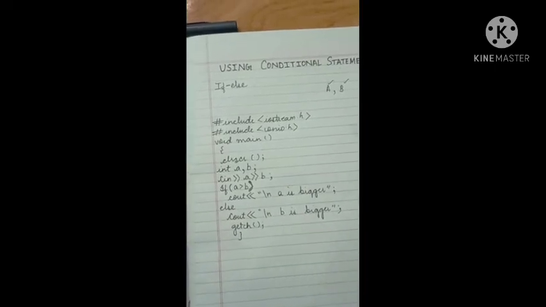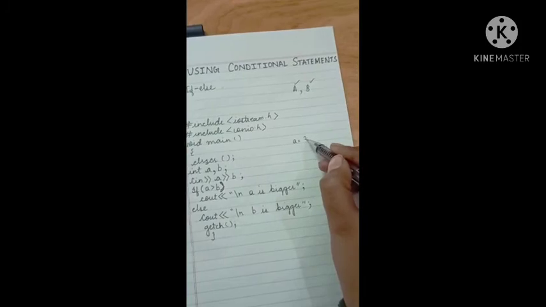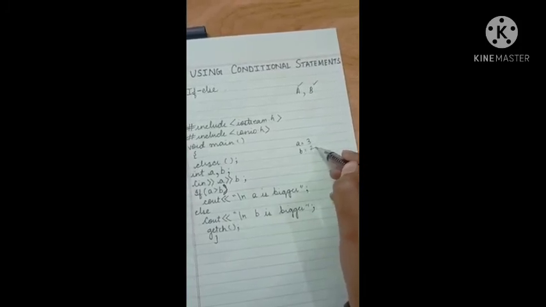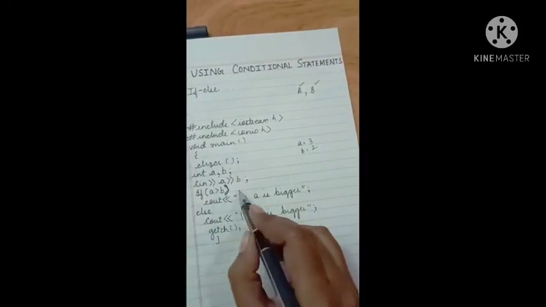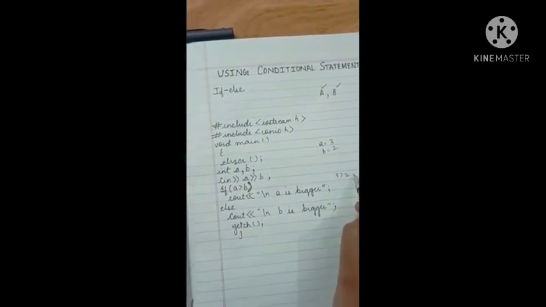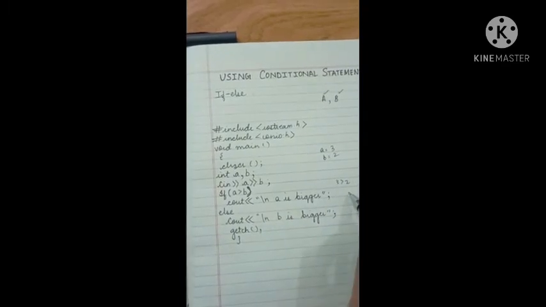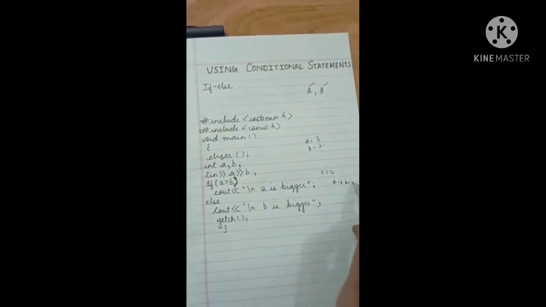If we give the value of a as 3 and b as 2, the computer checks the condition that 3 is greater than 2. The condition is true, so the computer will print a is bigger.